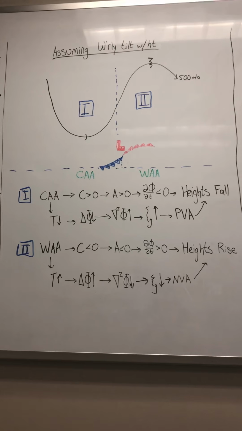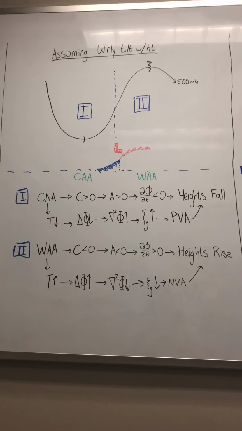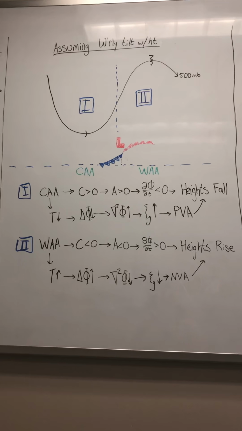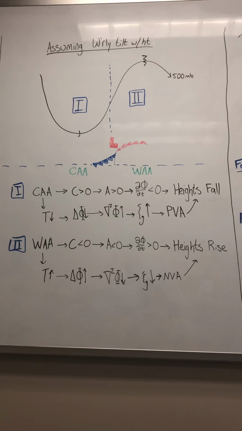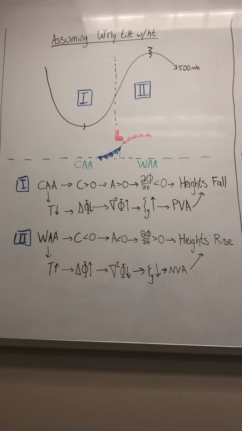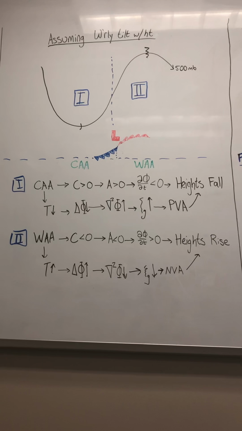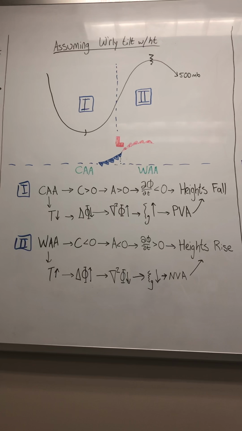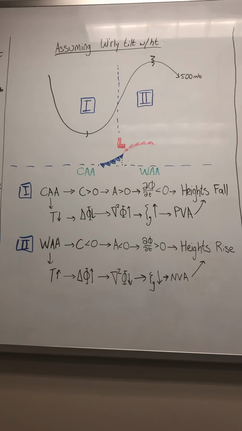In region 2, in the upper level ridge, we see that warm air advection exists. This means that C is less than 0, A is less than 0, d phi dt is greater than 0, and ultimately heights are rising.